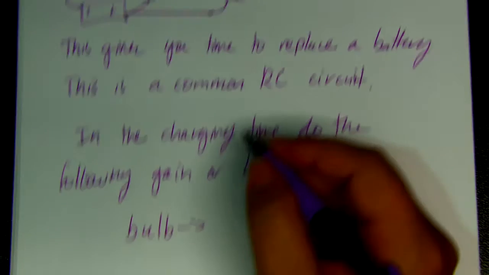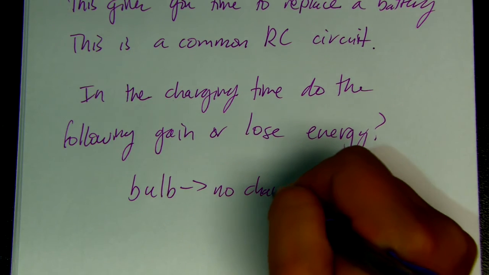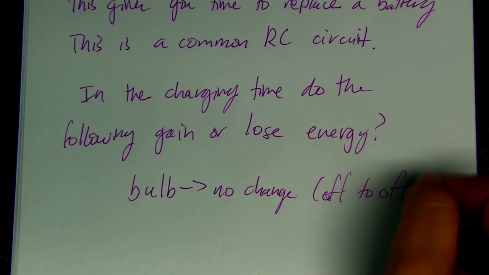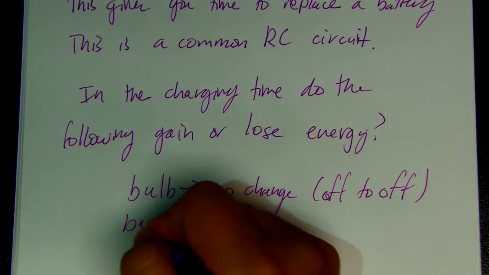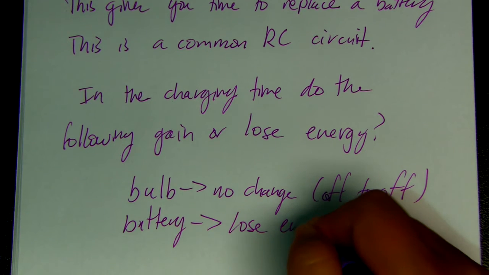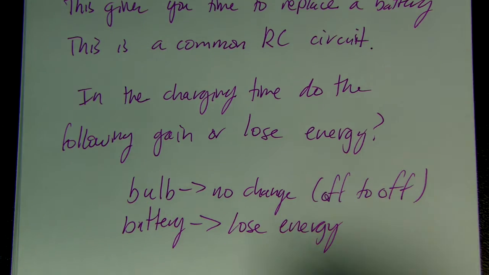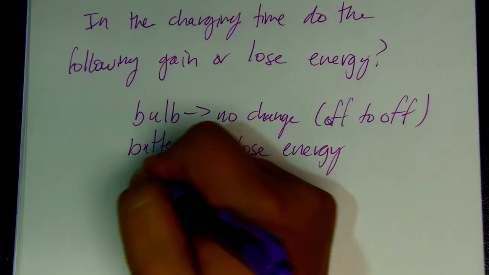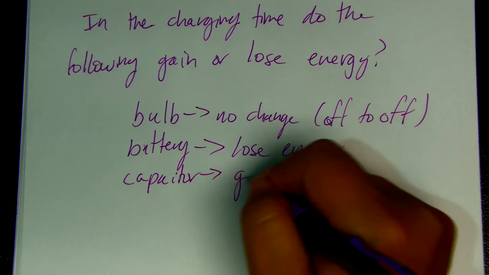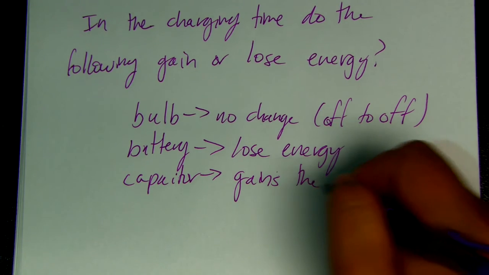Not really, no change. It goes from, remember, this is over the entire time. It goes from off to off. Battery. Well, that's going to lose energy because, yeah, that's how batteries work, they slowly deplete of energy. What about the capacitor? This gains the energy.